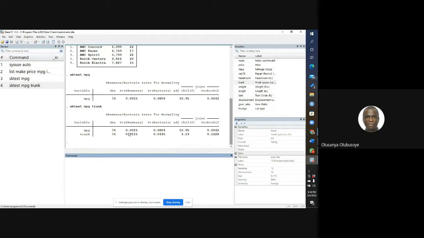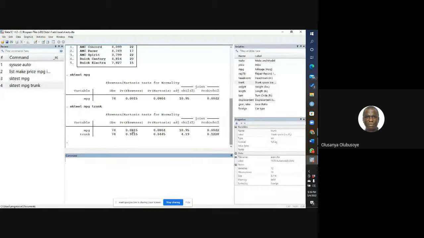The values you see here are p-values testing that the variable is not skewed. So this p-value is what you compare with the alpha level to decide whether it is skewed or not.